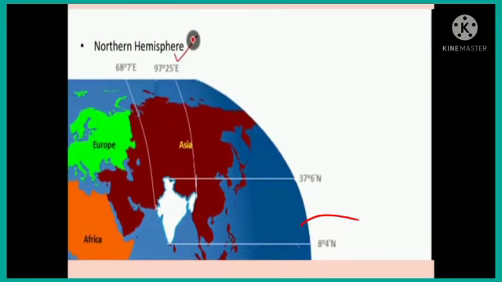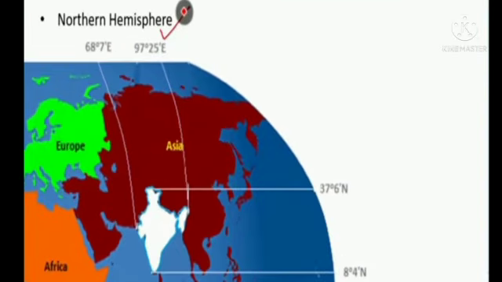The latitude of 8 degree 4 minute north touches the southernmost part of India here, and the latitude of 37 degree 6 minute north touches the northernmost part of India. So India extends between 8 degree 4 minute north and 37 degree 6 minute north.